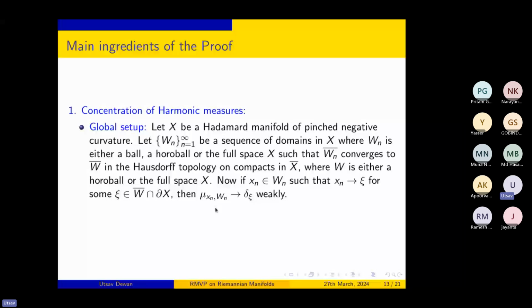So here again, the limiting domain is either the full space or a horoball. If W is the full space, then xi can be any point on the Gromov boundary. But if W is a horoball, then the closed horoball intersects the Gromov boundary at a unique point, the base point of the horoball, and that is xi. So one would get this sort of convergence in measures.